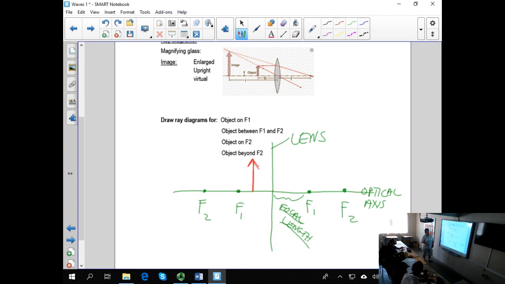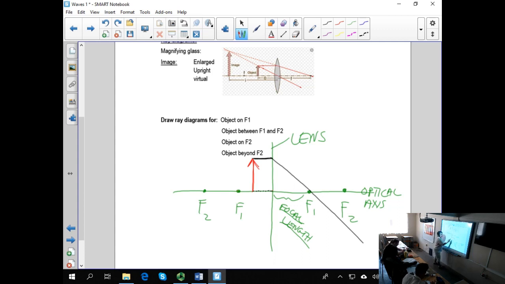The first light ray goes from the top of the object parallel to the optical axis, and then it is bent through F1. Okay, that's the first ray. Remember, there are millions of rays. We are going to trace the path of two specific rays of light.